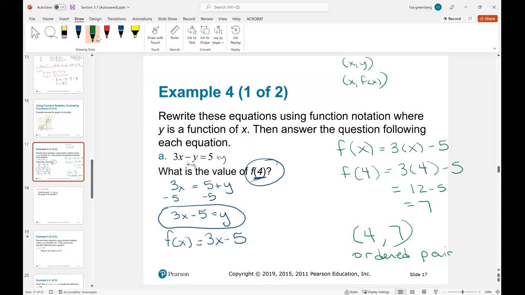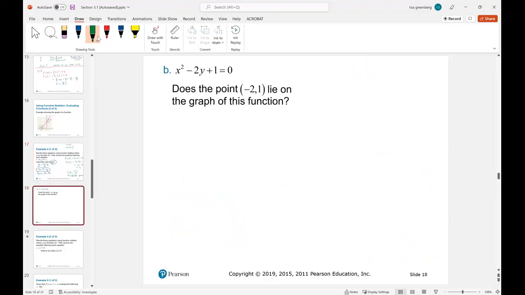But if you think about it, what f of x means is a lot. So let's say I want to know f of 4.